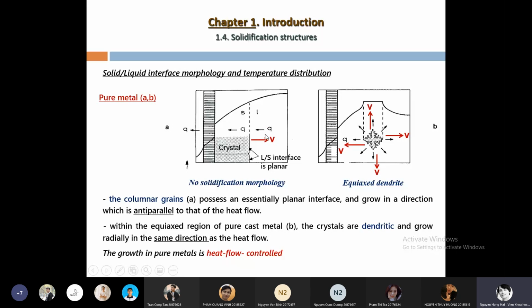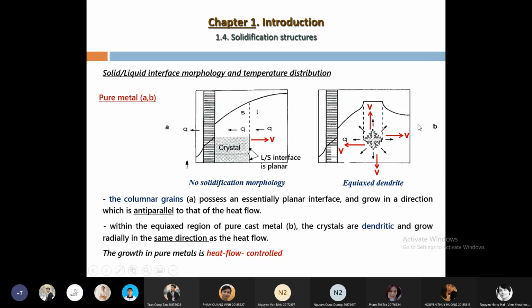In this case, heat is from liquid to solid through the mold and to the environment. You see? So in this case, the heat is from liquid to solid.